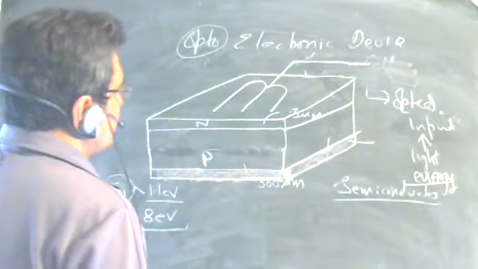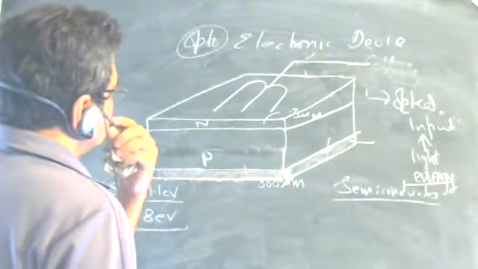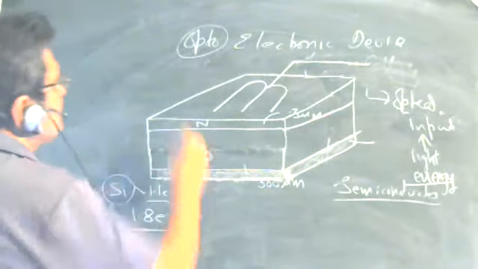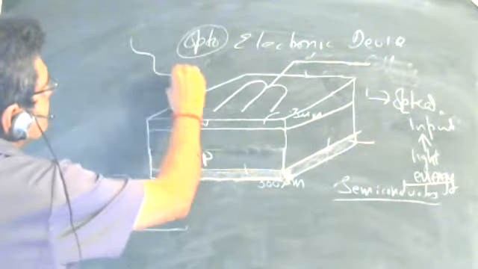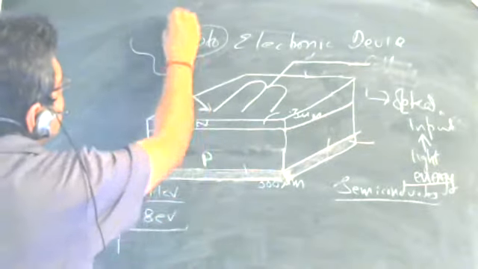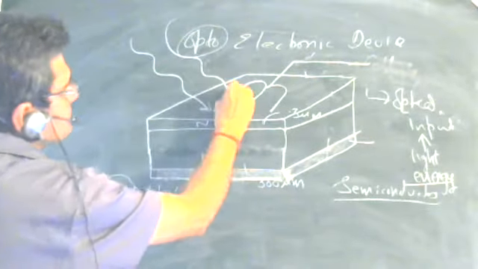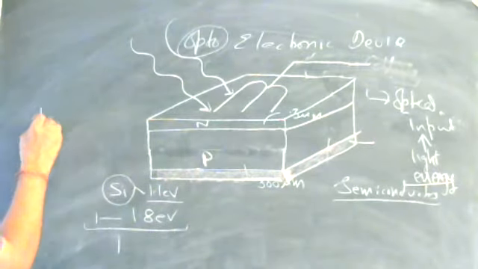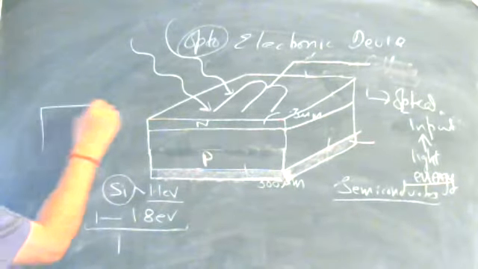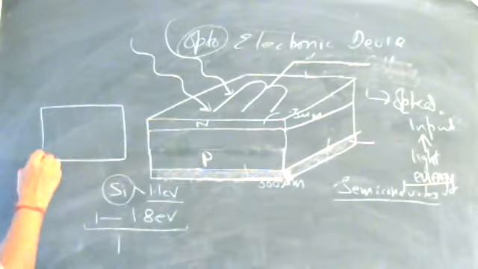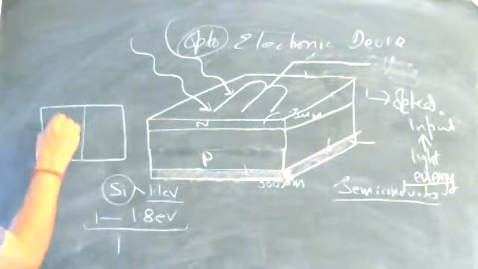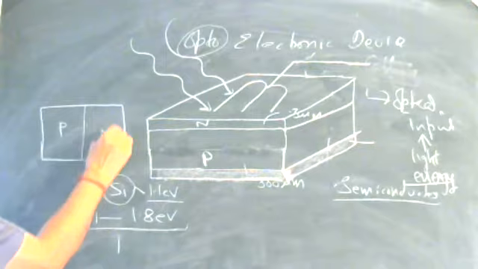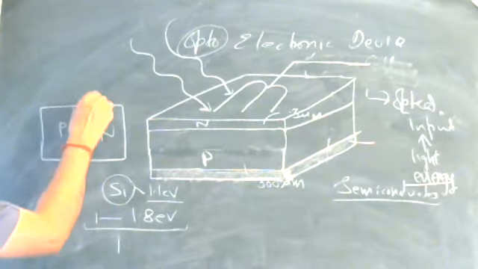Now what happens in the solar cell? When the light falls on it, if we look at the schematic diagram of this junction, this is P, this is N, this is the junction boundary.